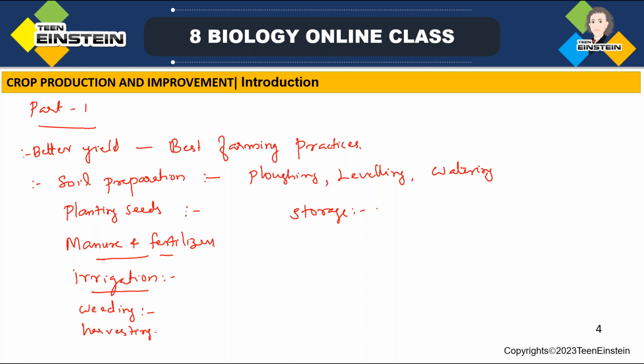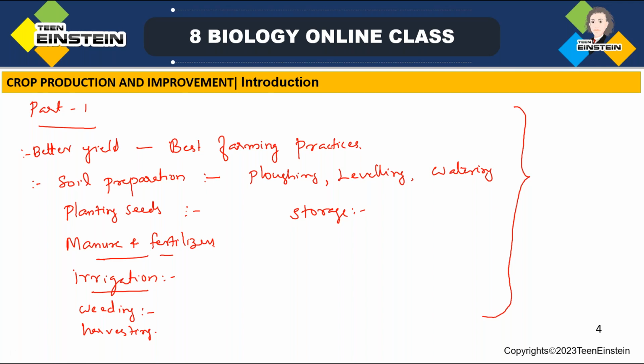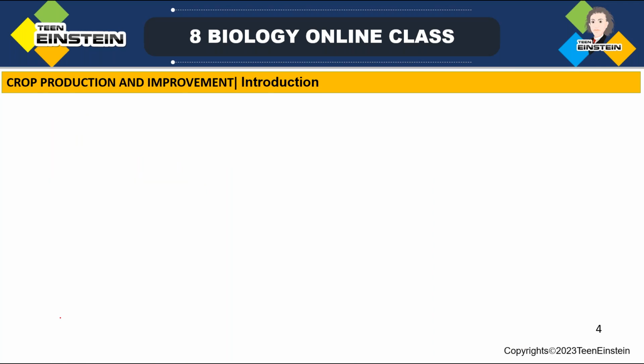Okay, so this is the summary of the first part. These are the main practices which we apply in crop production. Okay, so let's see what all we are going to discuss in the second part.